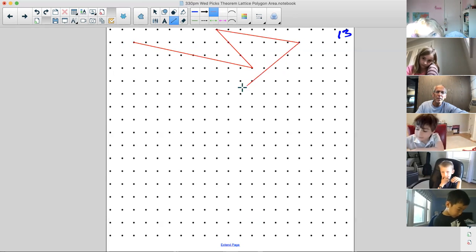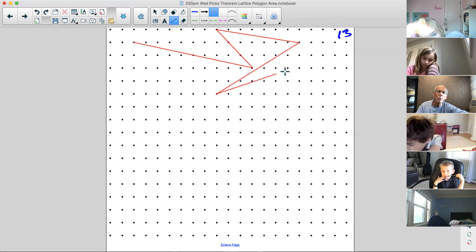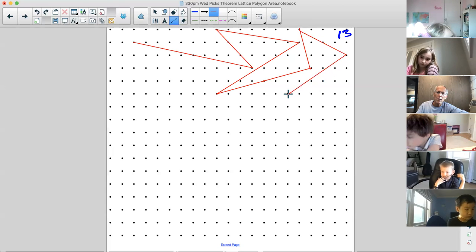But you have to be really good at drawing your lines, because if you don't, it's going to be hard to see your interior dots.